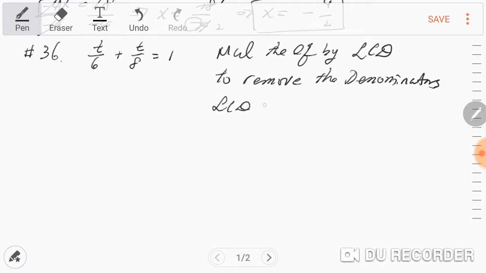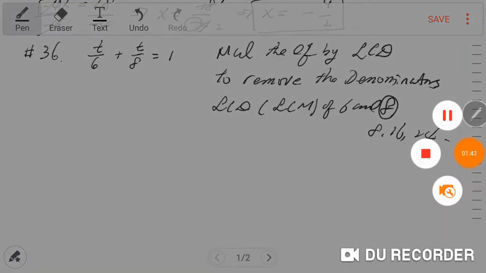The LCD is the LCM of 6 and 8. It always comes from the larger number. It's a multiple of the larger number, so a multiple of 8. So there are 8, 16, 24, and so on.